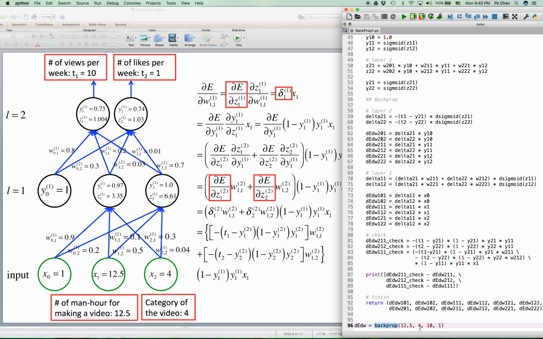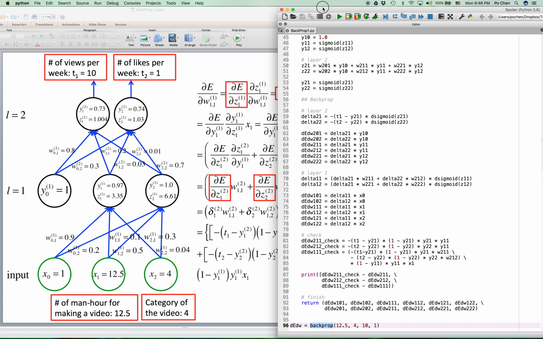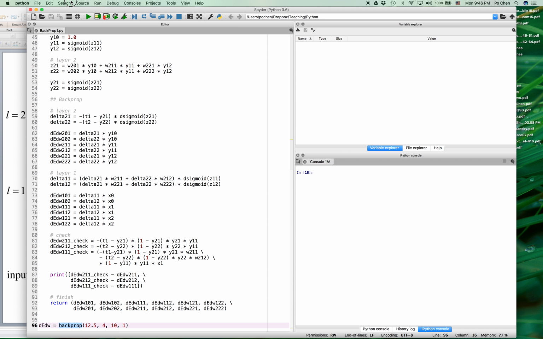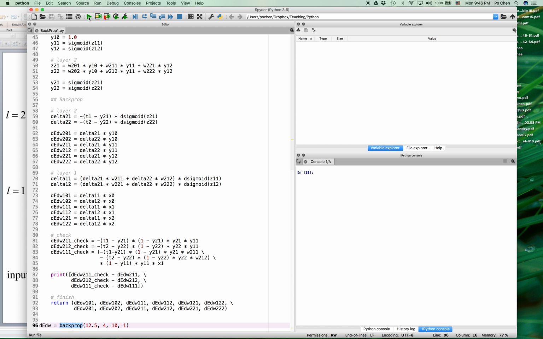So x1 and x2 are 12.5 and 4, and the ground truth is 10 and 1. The output of backprop is assigned to dE dW, and we can run this entire program by clicking this.